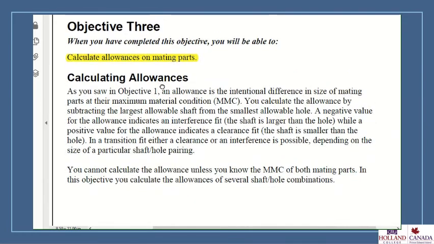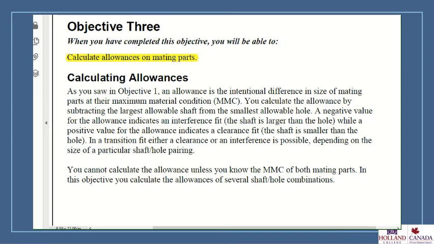Objective 3. When you've completed this objective, you'll be able to calculate allowances on mating parts. As you saw in Objective 1, an allowance is the intentional difference in size of mating parts at their maximum material condition. You calculate the allowance by subtracting the largest allowable shaft from the smallest allowable hole.